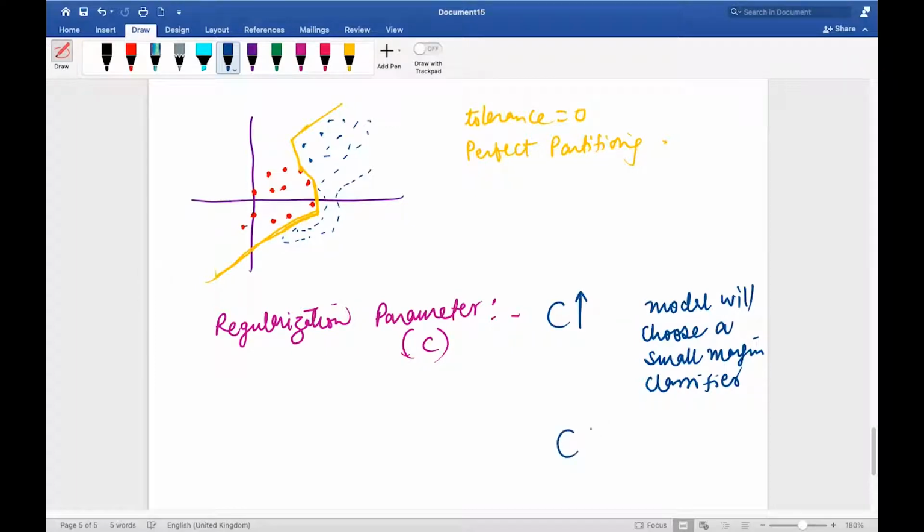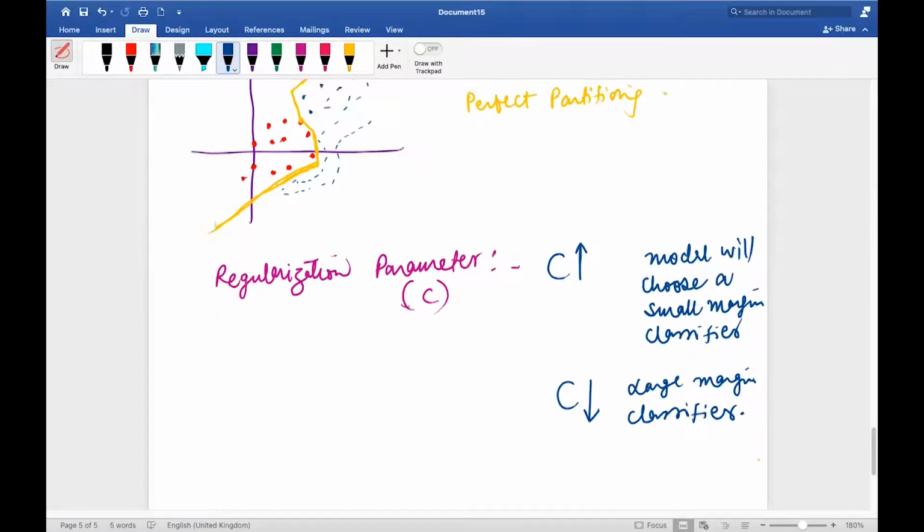If the value of C, the regularization parameter, is high, the model will choose a small margin classifier. You know what a margin is, right? If C is small, it will choose a large margin classifier.